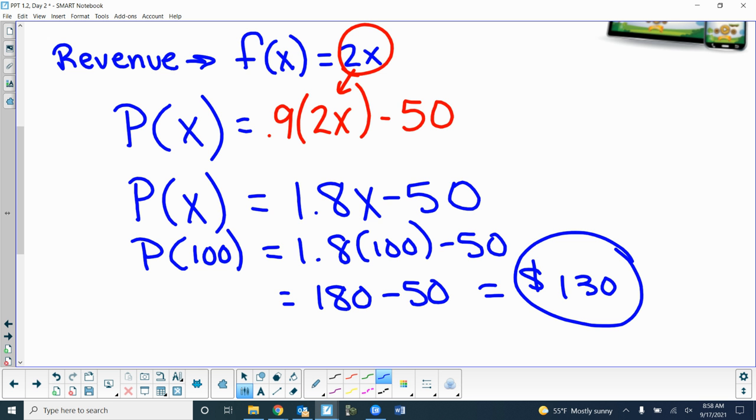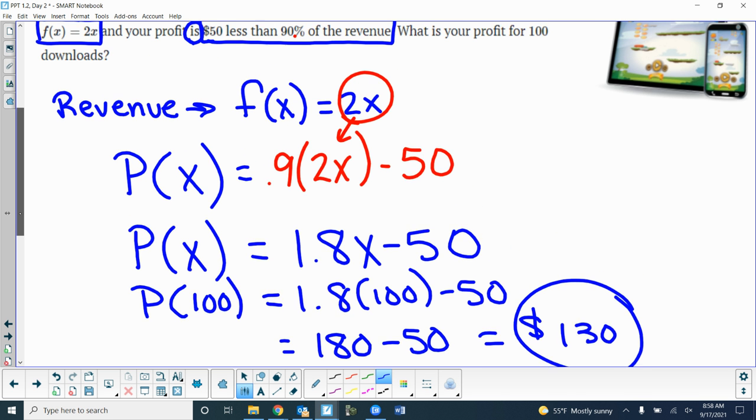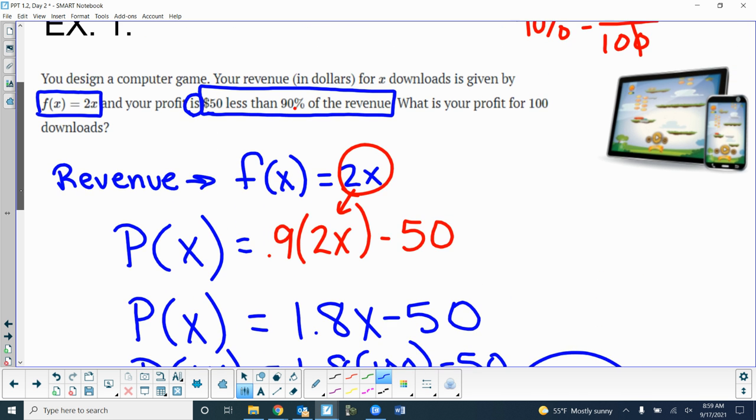Questions on that example? Okay, they gave us the revenue, and then the profit, so P of x equals, and you should be able to write an equation that goes with those words. The percent, just make it point whatever it is.